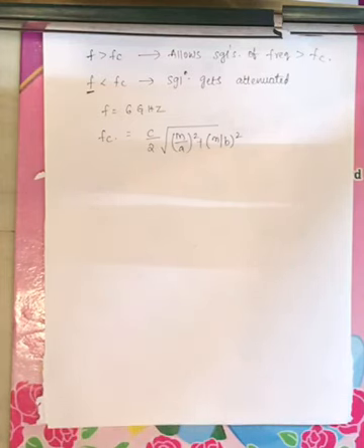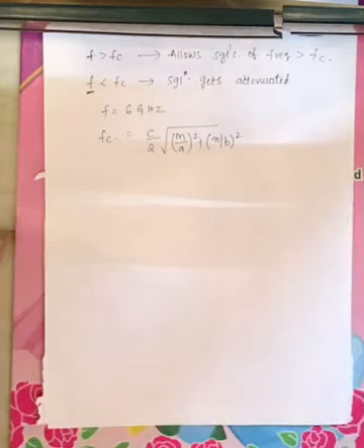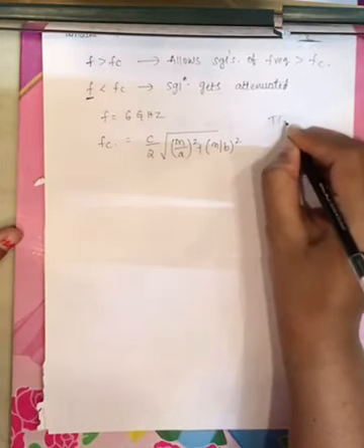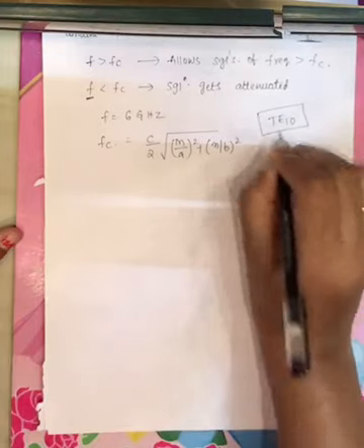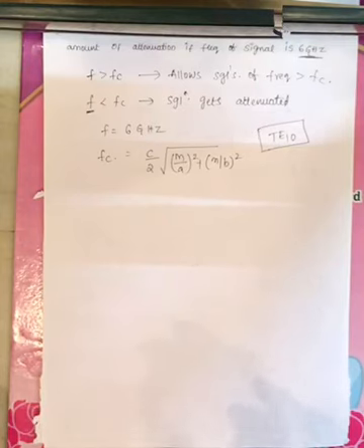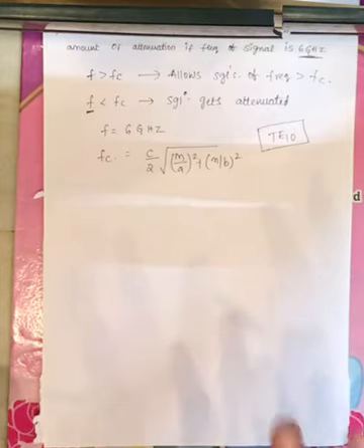That means we don't know under which mode it is operating, whether it is TE01 mode, TE11 mode, TM11 mode or TM12 mode. If in any given problem the mode of operation is not mentioned, you have to consider it as the dominant mode of that particular waveguide.